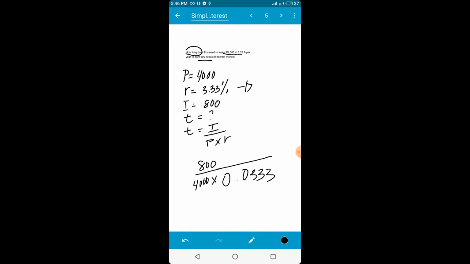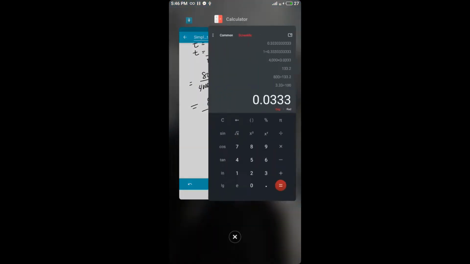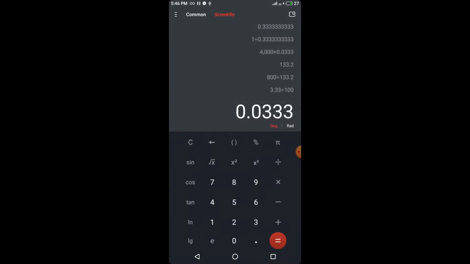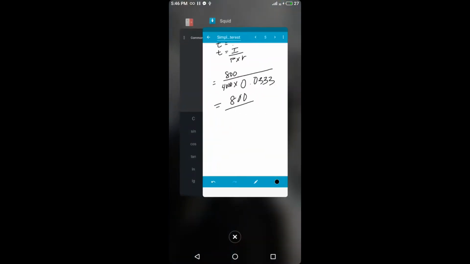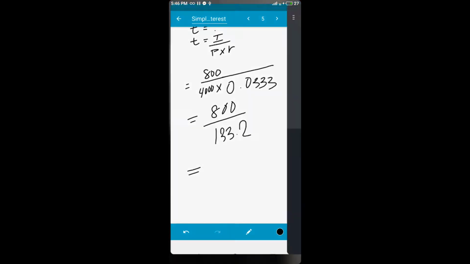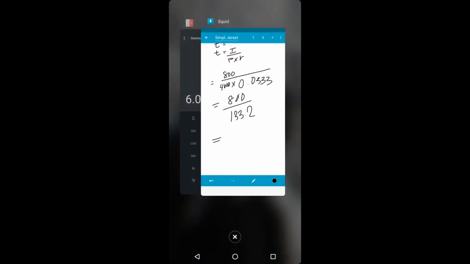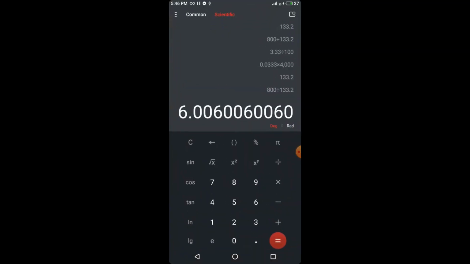Okay, so let's solve. We have 800 over 4,000 times 0.0333. So we have 133.2. Let's divide 800 by 133.2, and the answer is 6.006 and so on.